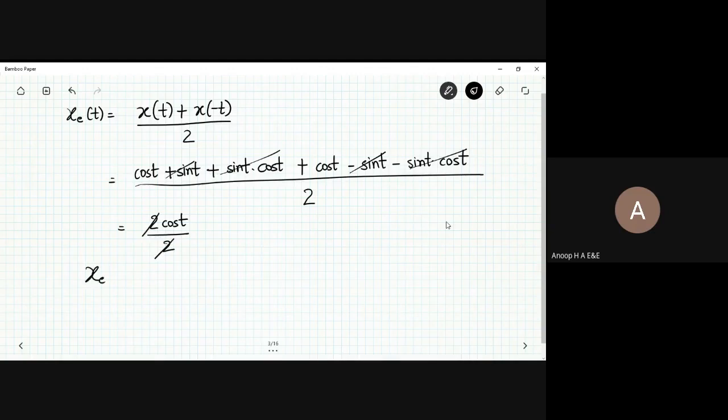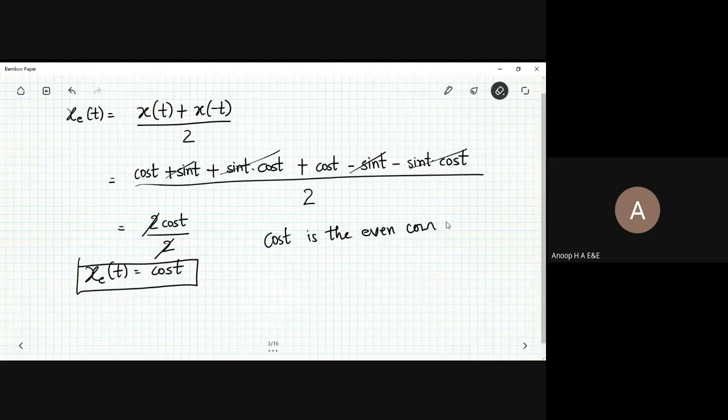So the even component of the signal is cos t. So cos t is the even component of x of t. So x e of t is cos t, as I have written here.